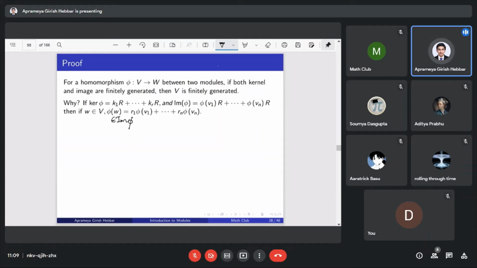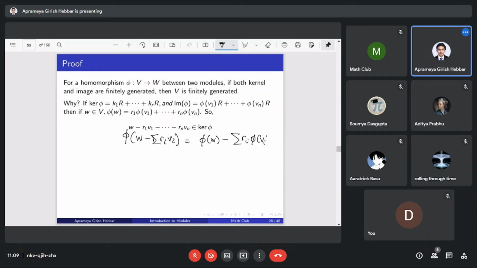Now you can take all of these elements to the left, and you can say w minus r1 v1 up to rn vn belongs to the kernel of phi, because if you take phi of w minus the sum of ri vi, this becomes phi of w minus the sum of ri phi of vi, and this would be 0, right?